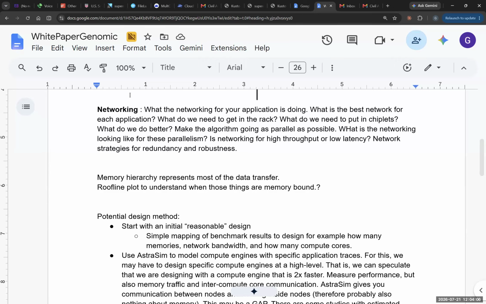I guess my question is about the final goal. Are we trying to iterate over designs until we reach the same performance as the benchmark that was done on RTX 90? Are we trying to hit that, or something else?